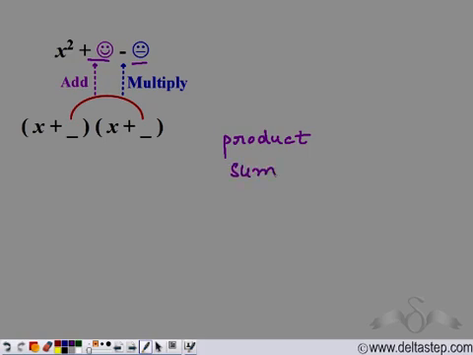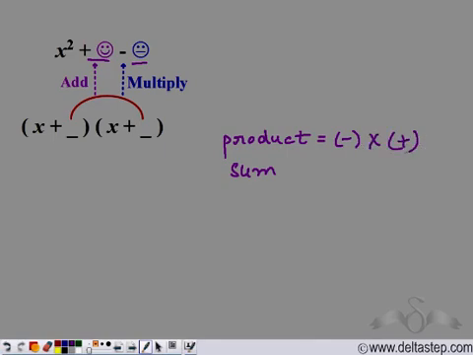That is, the coefficient of the middle term as the sum of two numbers. Now, when can two numbers have a negative product? Think about it. Two numbers will give a negative product only when one of them is positive and one of them is negative.